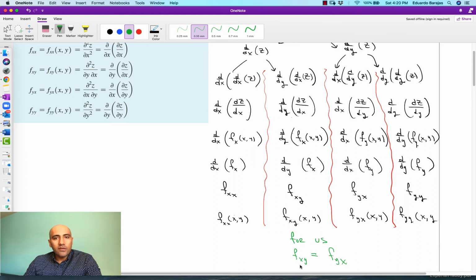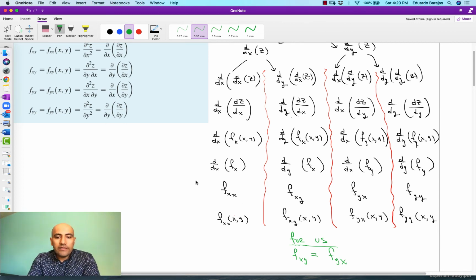Taking a function and finding the derivative with respect to x first, then finding the derivative with respect to y of that function is going to give you the same result as finding the derivative with respect to y first and then finding the derivative with respect to x of that resulting function. You'll see that they both end up giving you the same thing. Again, not always, but for us in this class, that will be true.